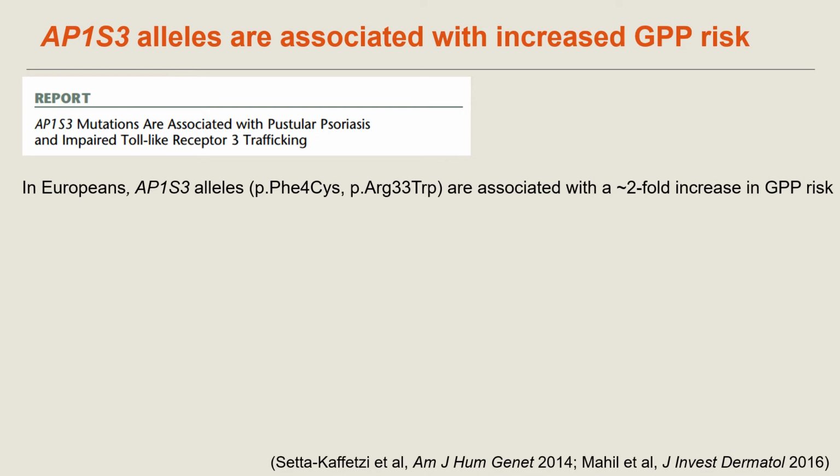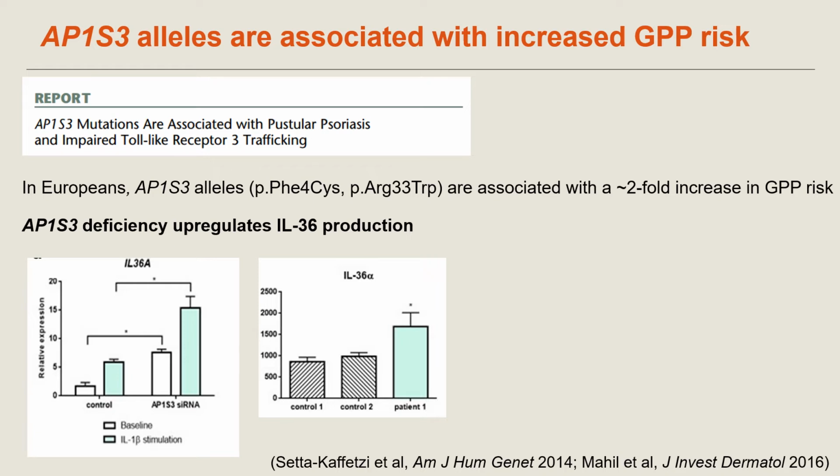And what is interesting is that defects in AP1S3 tend to upregulate IL36 production. So you can see it here on the panel on the left. You can see that if we silence AP1S3 in vitro, this is the green bar in the graph, you see increased IL36 production upon gene silencing.